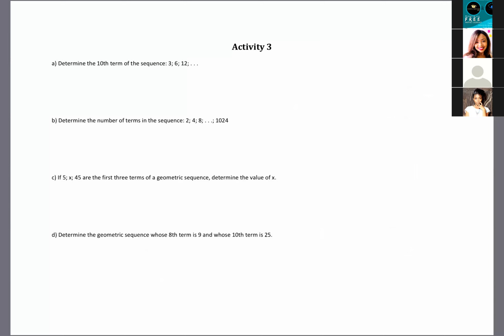D says determine the geometric sequence whose 8th term is 9 and whose 10th term is 25. So basically they're telling you that T8 is equal to 9 and T10 is equal to 25.